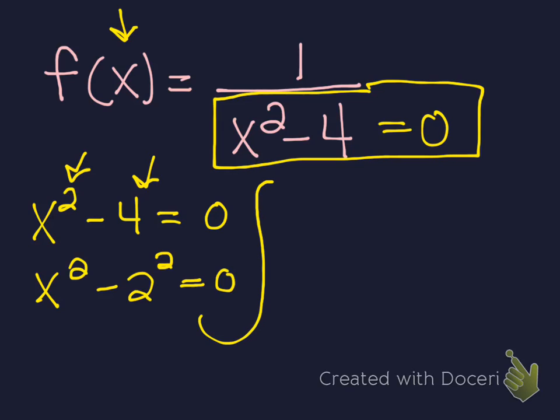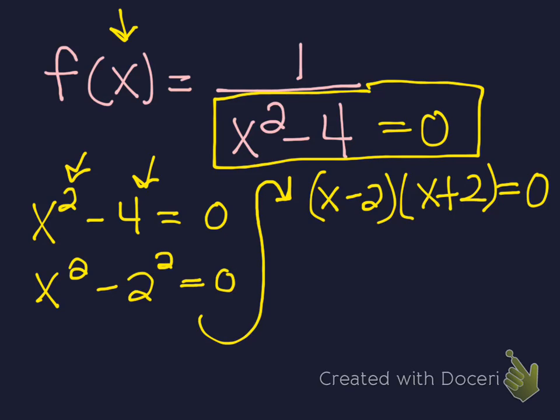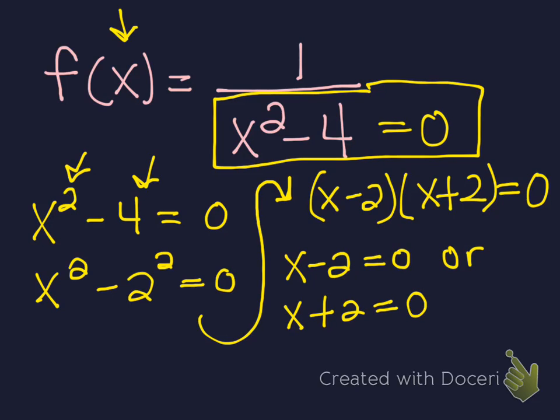So that would give me x minus 2, x plus 2 equals 0. So I have x minus 2 equals 0, or x plus 2 equals 0. So that gives me x is equal to either 2 or negative 2.